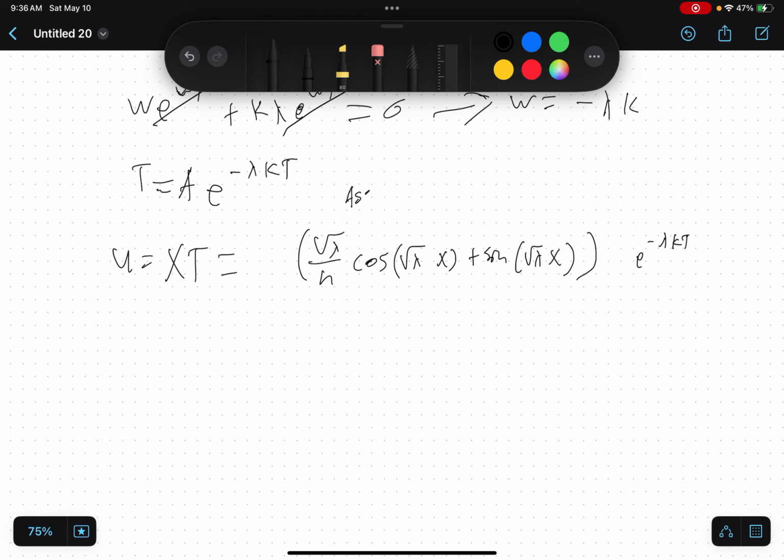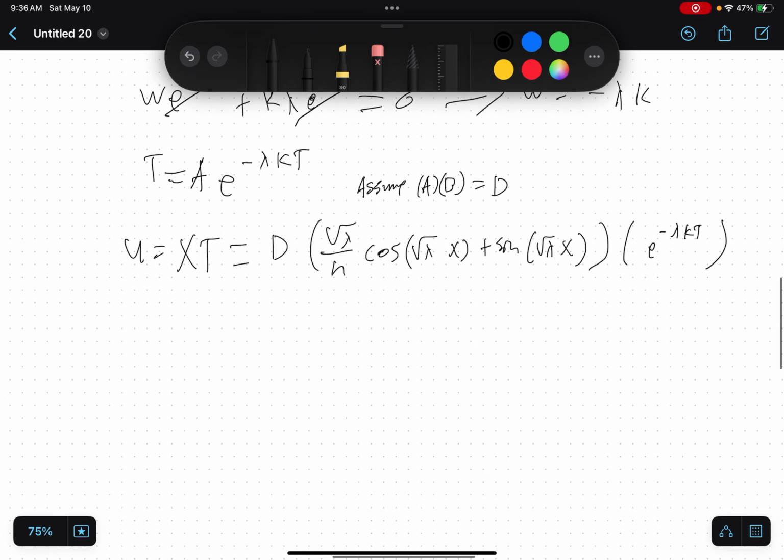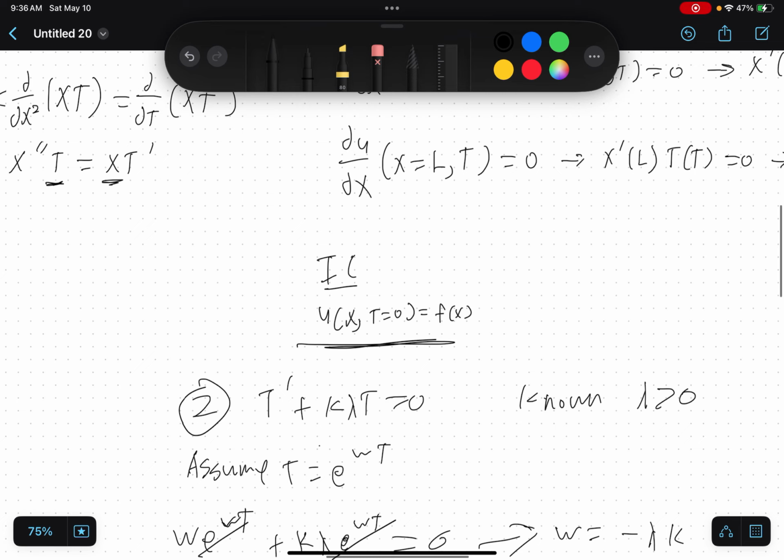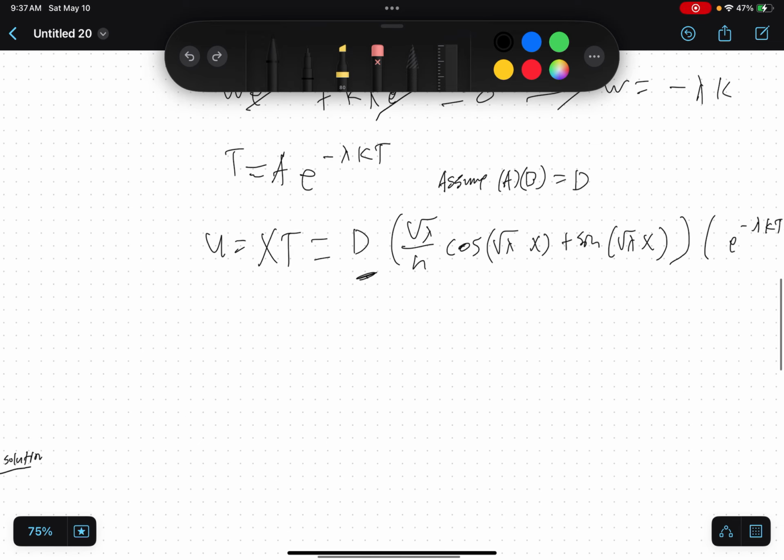So assume A times B equals D. So I just write D out front and we're chilling. So now we only have one unknown. And guess what? We have one initial condition, so we can solve for that unknown. And the way you solve for it is kind of nasty.